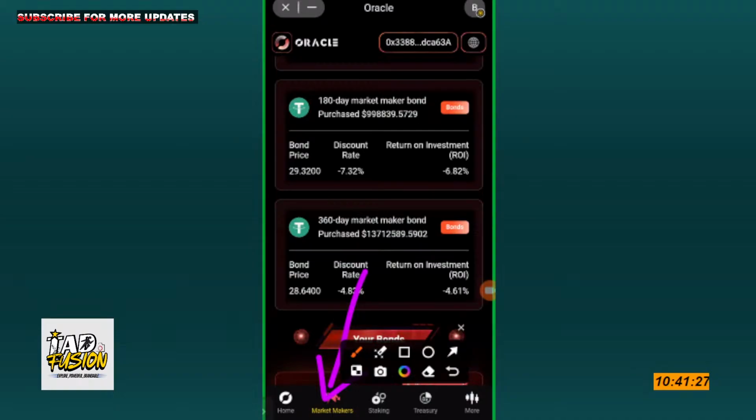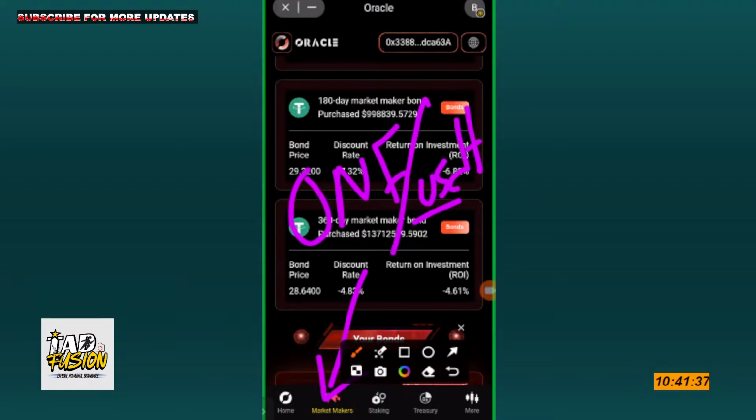For example, ONF/USDT. That means I can use ONF to get USDT. At the same time, I can use USDT to get ONF. That's what we call liquidity: storing cryptocurrencies in a pair.